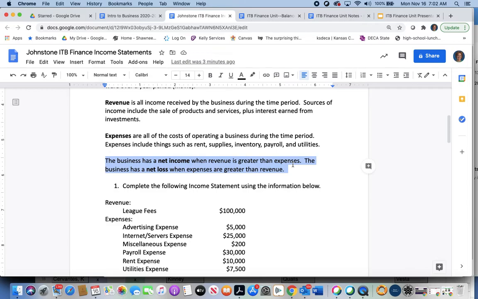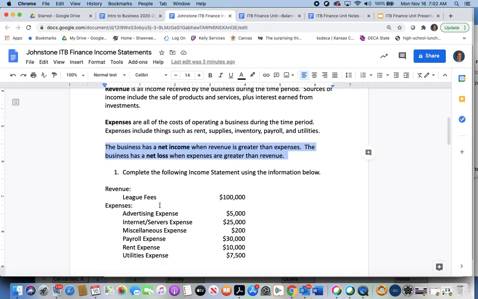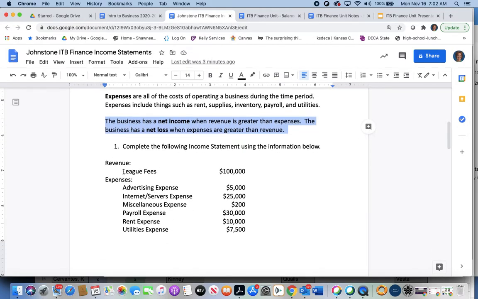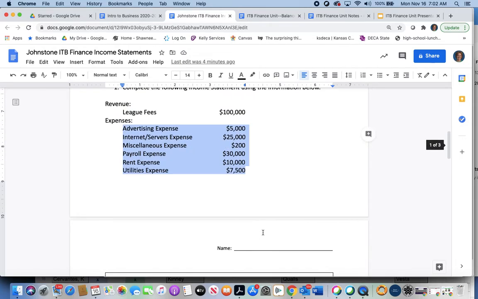So we're going to complete the following income statement using the following information. So we have revenue from our league fees, and here's all of our expenses. So there's my revenue, and here are my expenses. Okay? Advertising expense, $5,000. Internet server expense, $25,000.